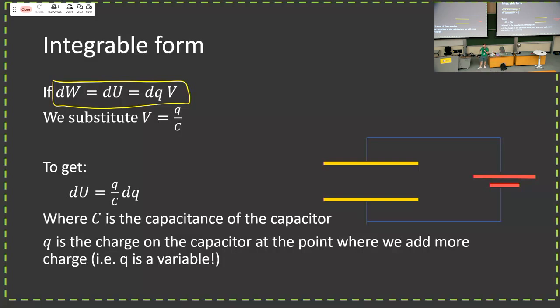So, we'll substitute V equals q over C, where here we're using little q, because V is the voltage at whatever point in time we're talking about, and q is the charge at that same time. So it's not the final charge or the final voltage. It's the voltage at some time and the charge at that same time.